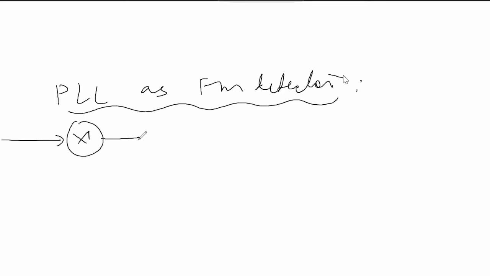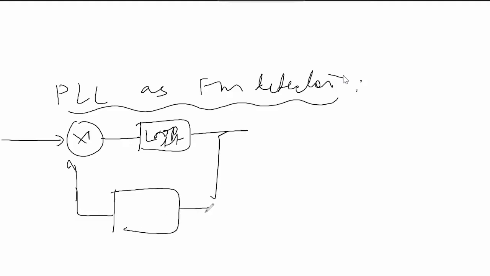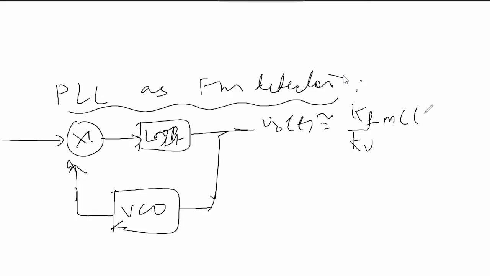There is a multiplier, there is a loop filter, and this is a VCO, voltage controlled oscillator. And this is the output V0(t), which is approximately equal to Kf by Kv into m(t) as per the equation. The input is our FM signal, and the output from the VCO is denoted as R of t.